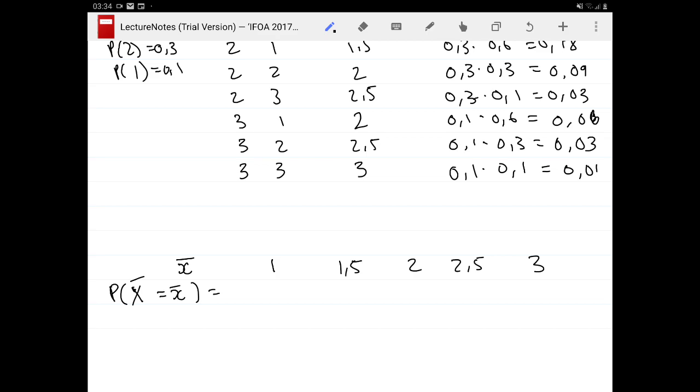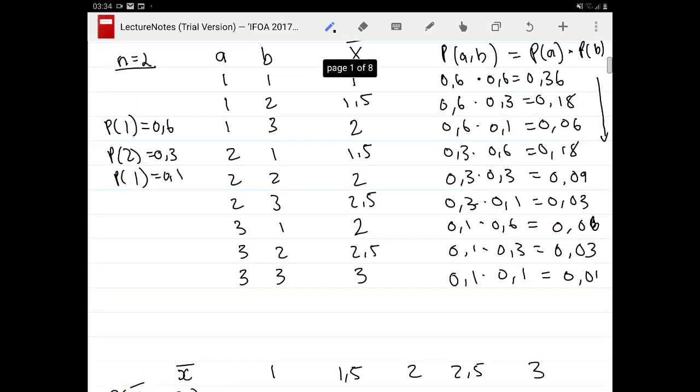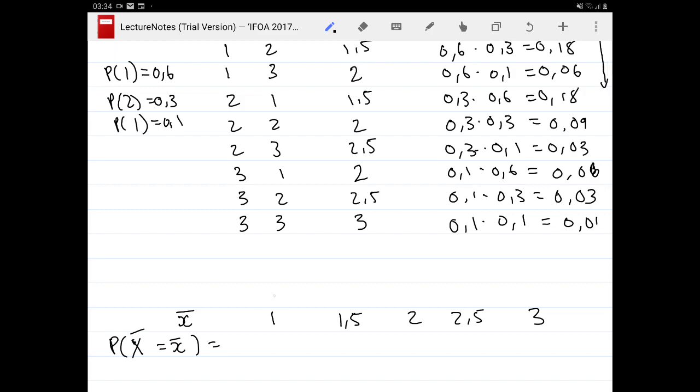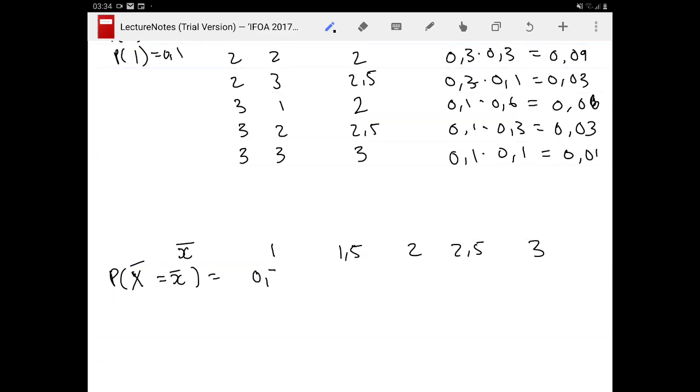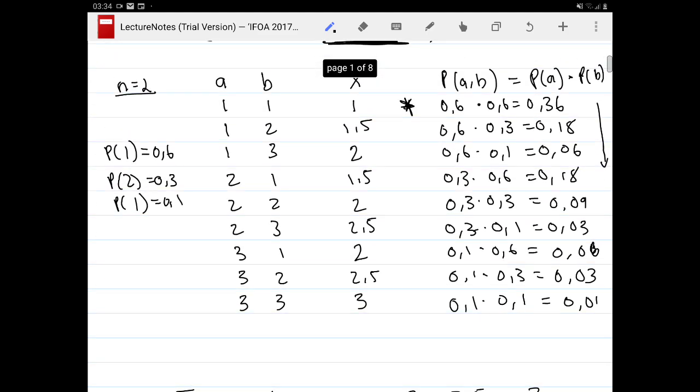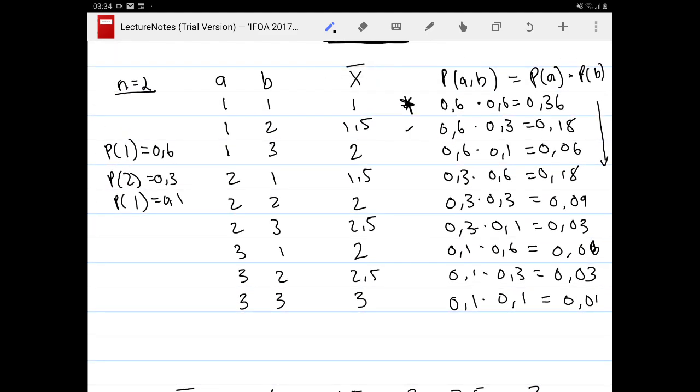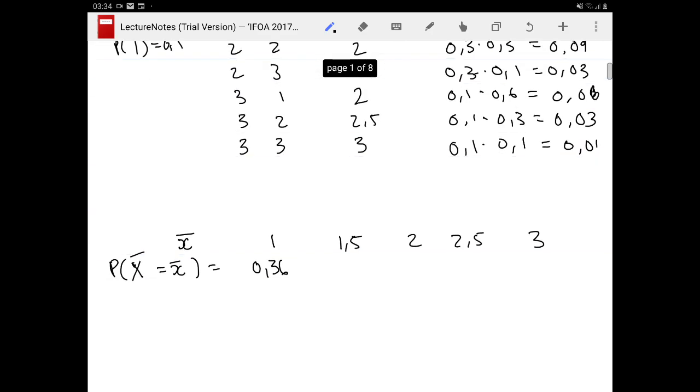And now we just have to go and see, okay, what is the probability that x bar is equal to 1? What are all of the cases where x bar is equal to 1, and add those probabilities up. So x bar being equal to 1 only happens in this case, so that's going to be 0.36. X bar being 1.5 happens here and here, so that's 0.18 plus 0.18, so that's also 0.36.